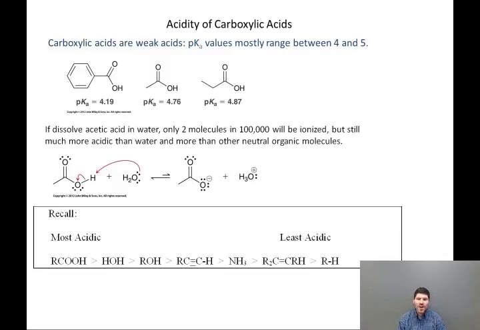Okay, so recall, as far as organic molecules are concerned, carboxylic acids are actually the most acidic, followed by water and alcohols, followed by alkynes, and then ammonia and other amines, alkenes, and then finally the least acidic, pKa of 50, would be the alkanes.